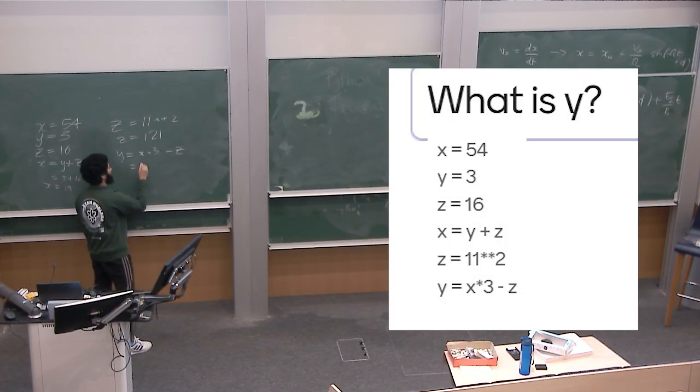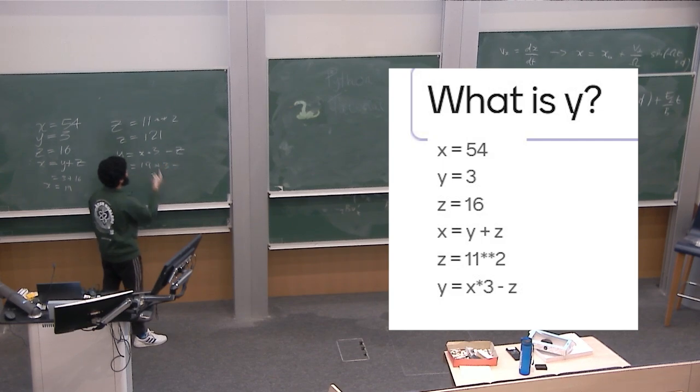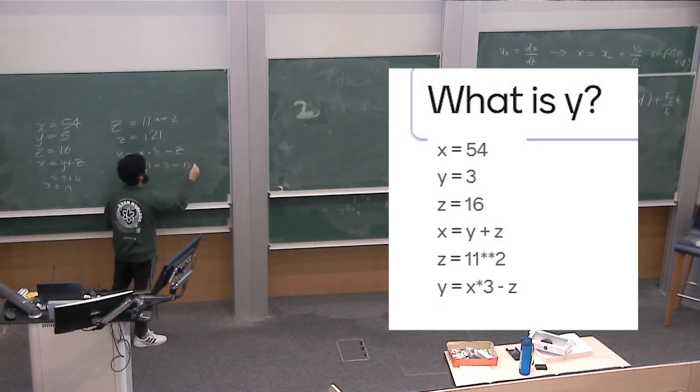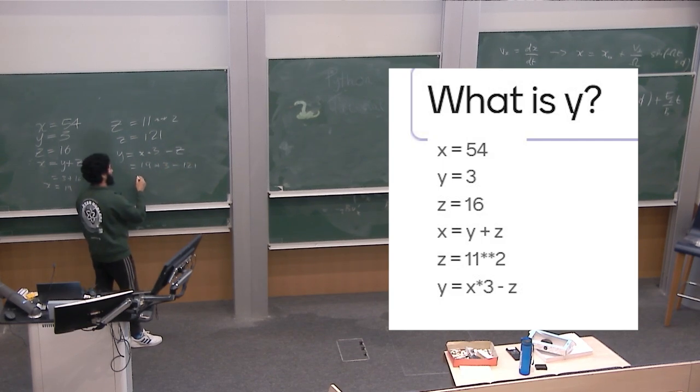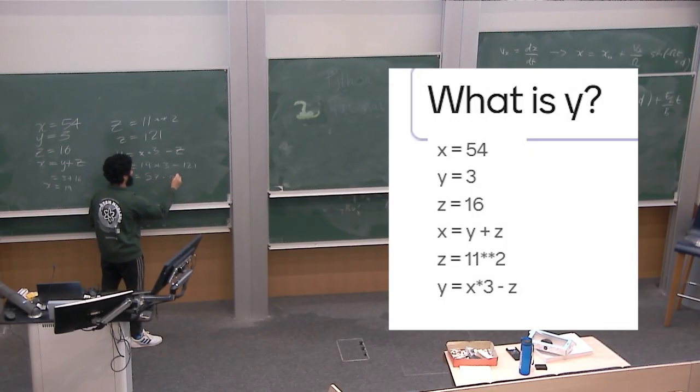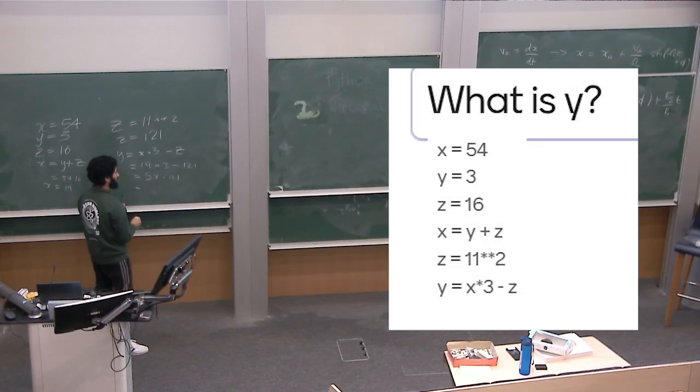So now we have 19 times 3 minus z, which is 121. 19 times 3 is 57. Minus 121, and that is minus 64, which is the answer.